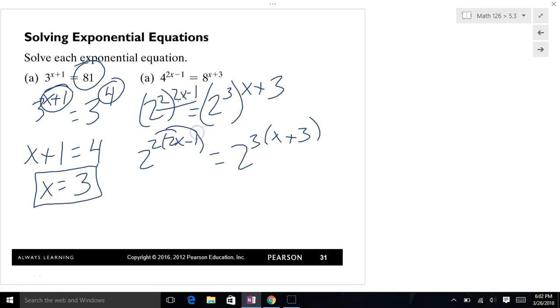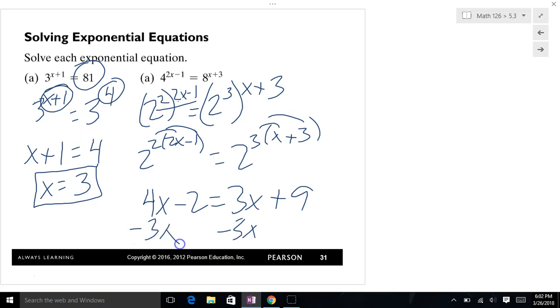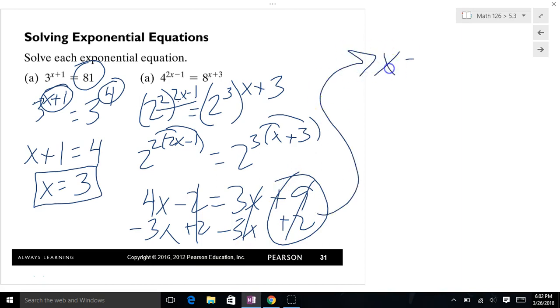Go ahead and distribute those. And notice they both have a base of 2. So this 4x minus 2 has got to equal this 3x plus 9. Subtract 3x both sides. Add the 2. Oops, 9 plus 2 is 11. So we got x equals 11 on that.